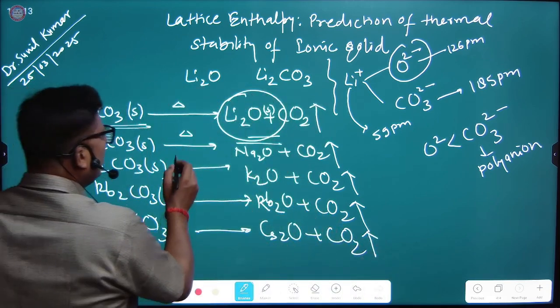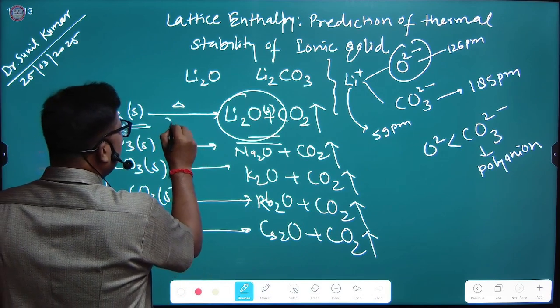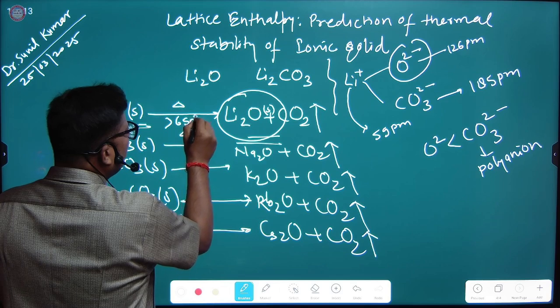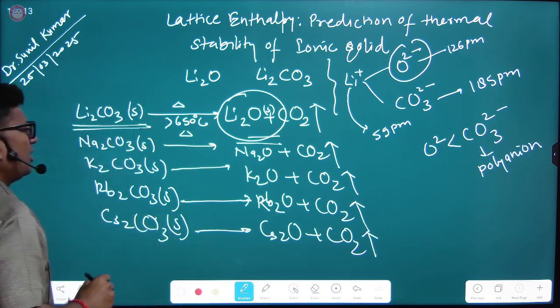But it is only possible if the temperature is greater than 650 degrees centigrade in the case of lithium carbonate.